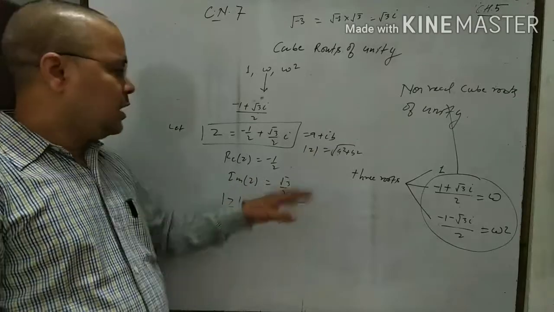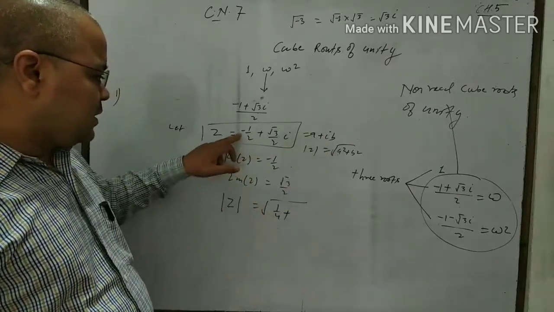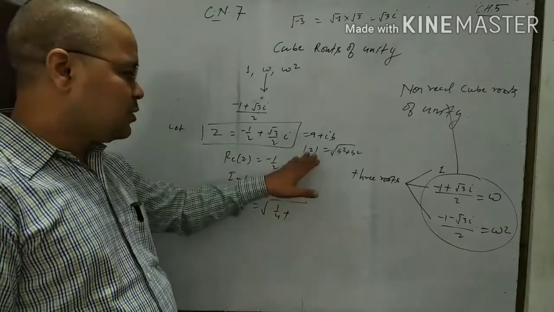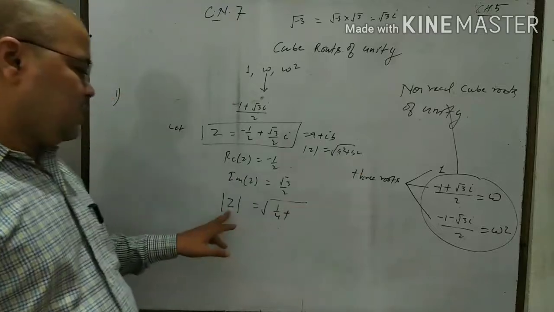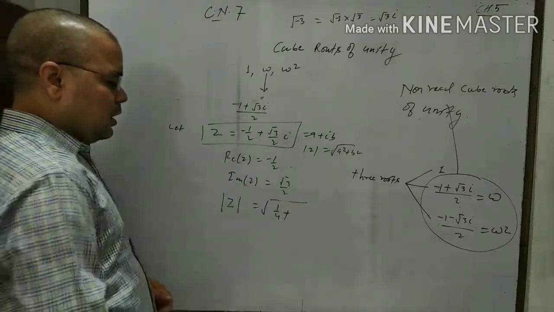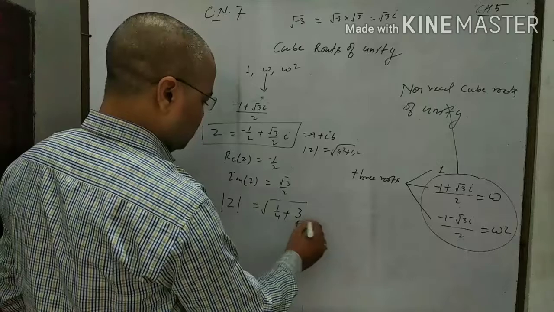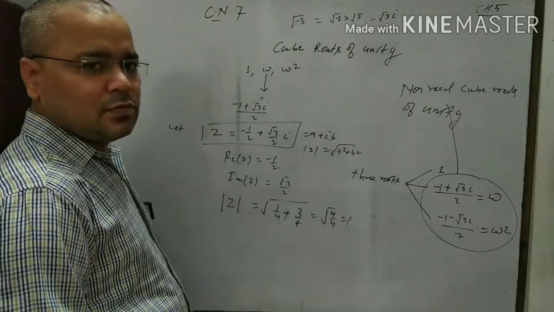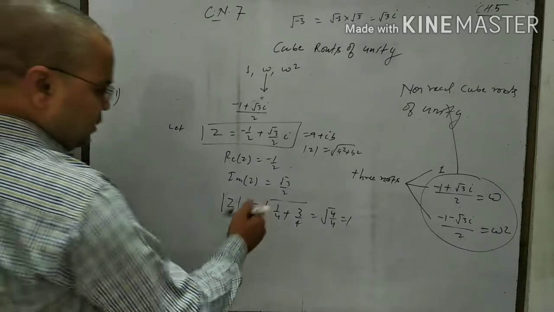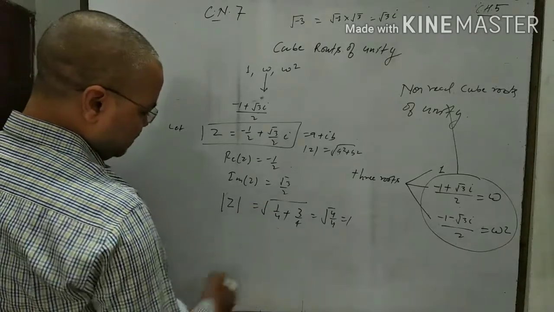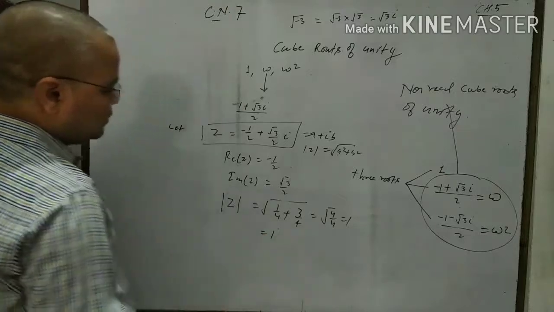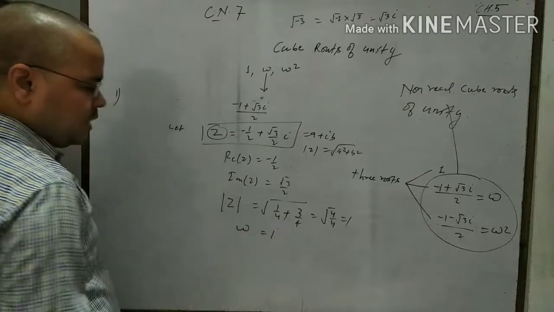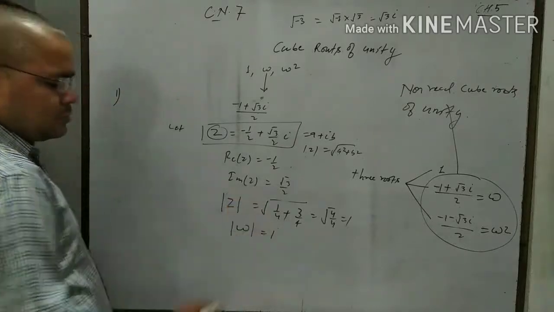Comparing, the real part is -1 by 2 and the imaginary part is root 3 by 2. Then the modulus is under root 1 by 4 plus 3 by 4, which is 4 by 4, equal to 1. So the modulus of z is equal to 1. And this z is omega. It means the modulus of omega is 1.